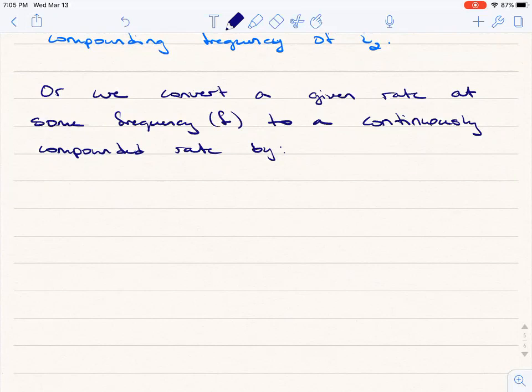The textbook just uses, here I'll do, R is F1 times the log of 1 plus I1. The textbook has dropped the subscript ones, but I actually prefer to have them on there, because it shows you that you're moving from some frequency to a continuous rate, R. This is on your formula sheet.